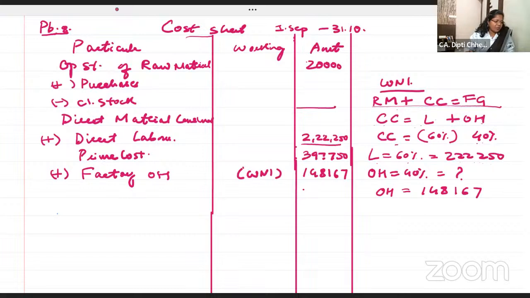Prime cost में factory overhead add कर दो. So what you get, you call it works cost. Works cost. 397,750 plus 148,167, so that is 545,917.